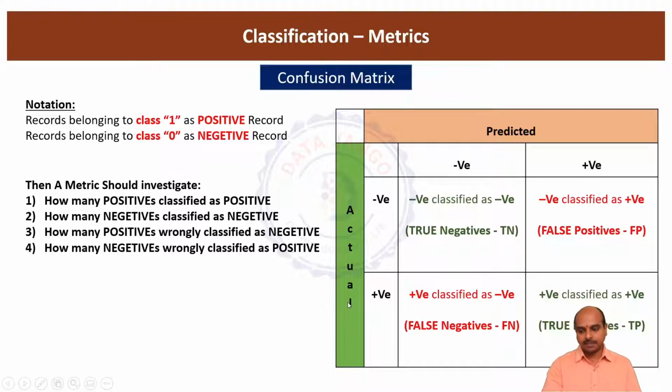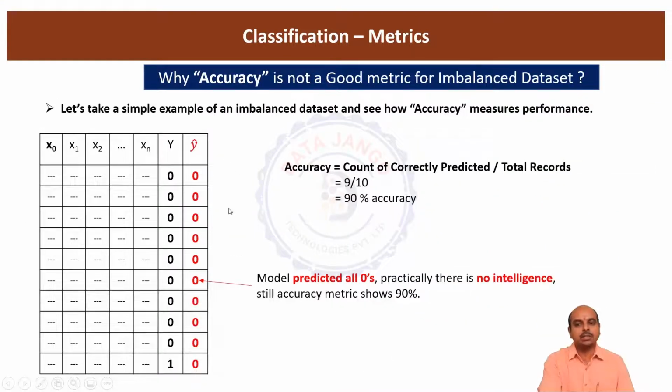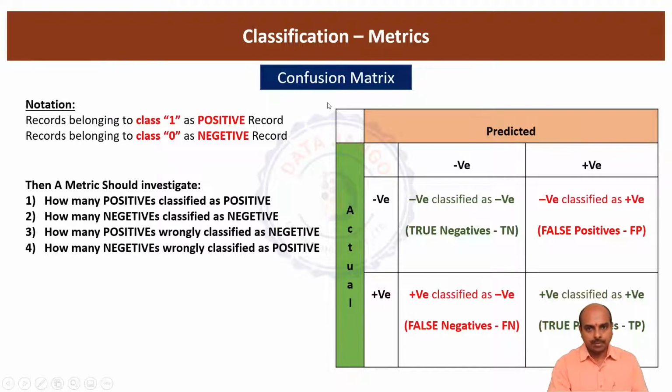Four cases are there. The accuracy measure only looks at whether the record is predicted correctly or not: a record belonging to 0 predicted 0 or not, a record belonging to 1 predicted 1 or not. That's the only count it looks at. But the confusion matrix also looks at the other 2 cases: how many positive records were wrongly predicted as negative and how many negative records were wrongly predicted as positive.